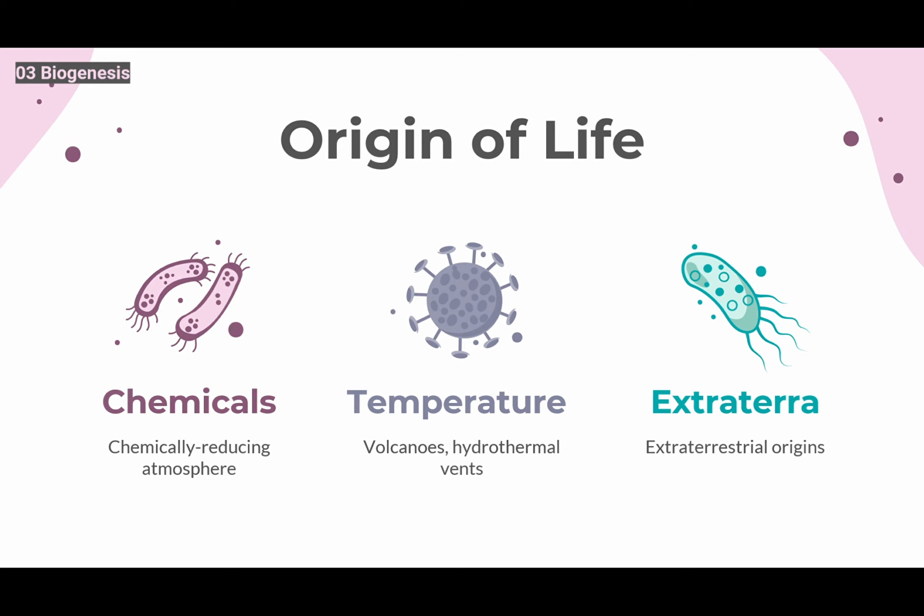There's also the factor of temperature through volcanoes, hydrothermal vents, and so on, but there's also the theory of the origin of life stemming from extraterrestrial origins, which is quite interesting if you think about that.